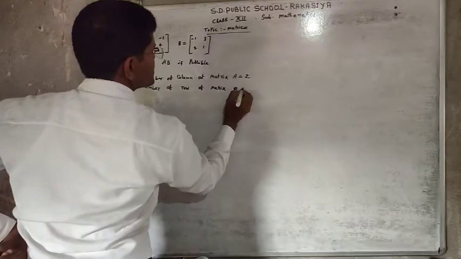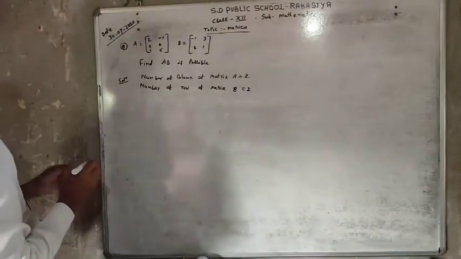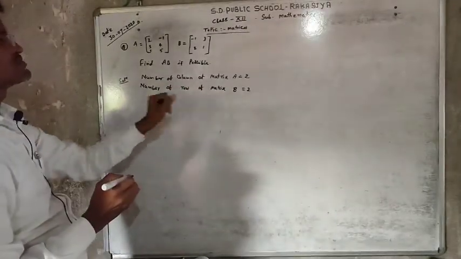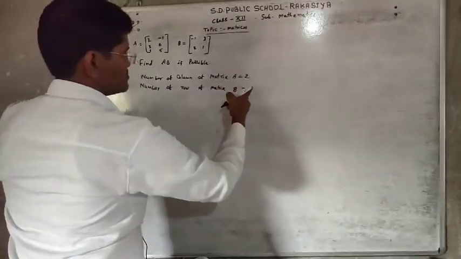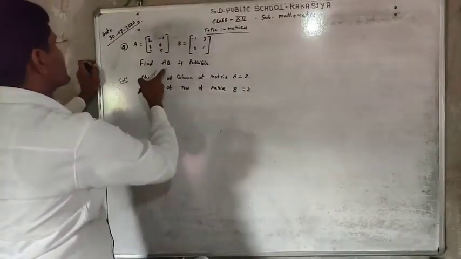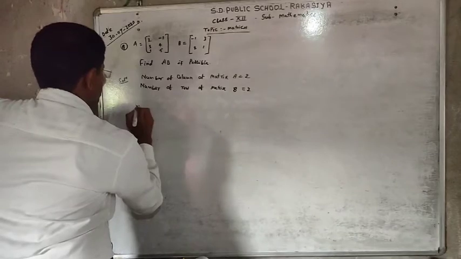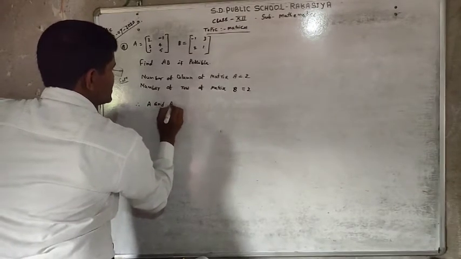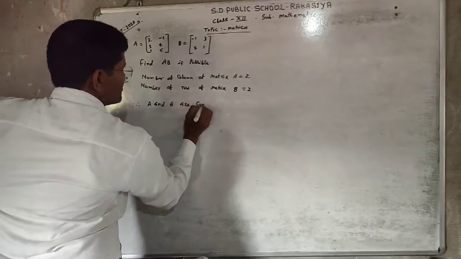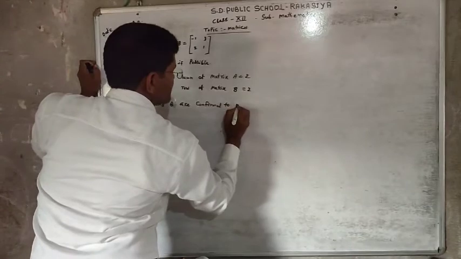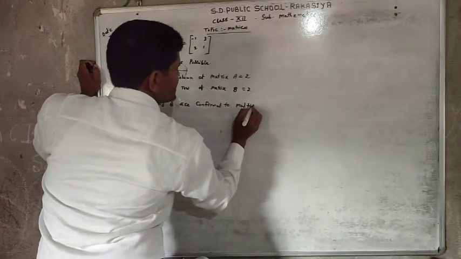Both are equal, so A and B are conformal for multiplication.